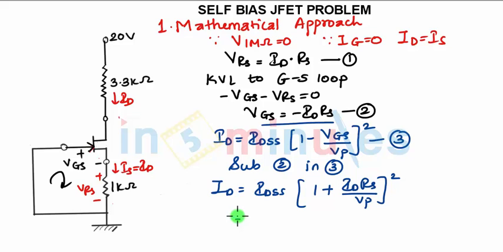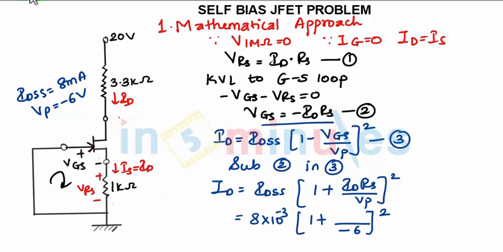Now IDSS is given as 8 milliamperes and VP is minus 6 volts. So when you substitute these values, that is 8 into 10 raised to minus 3, 1 plus, since ID is not given, it is ID into 1 into 10 raised to 3, the whole square. So when you solve this quadratic equation, you will get two roots.